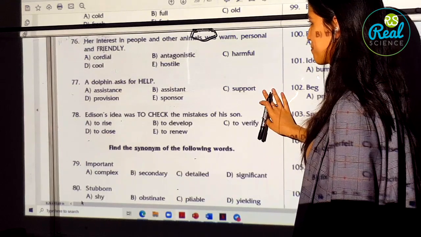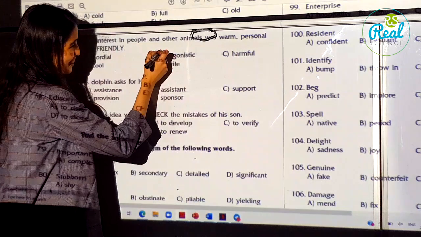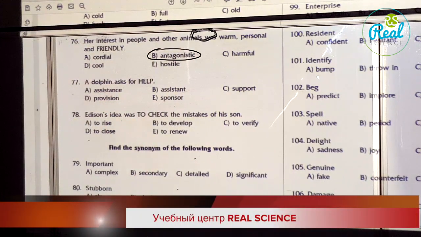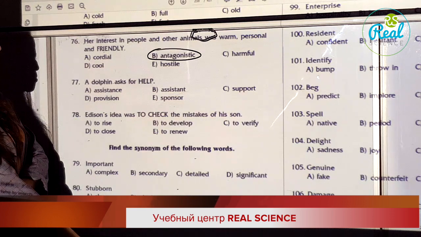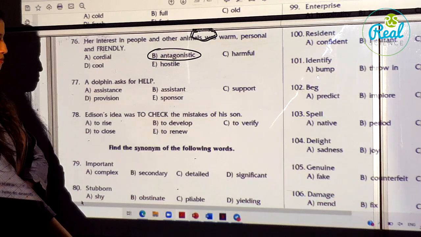Antagonistic. What does antagonistic mean? Do you know this word? Exactly. Friendly is not the same. Okay, her interest in people and other animals was warm, personal, and friendly.